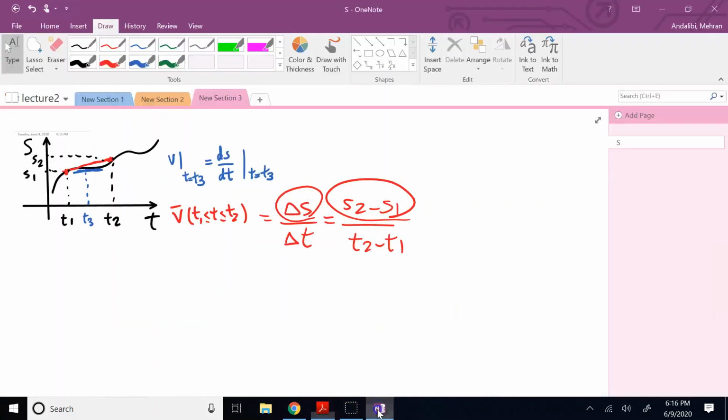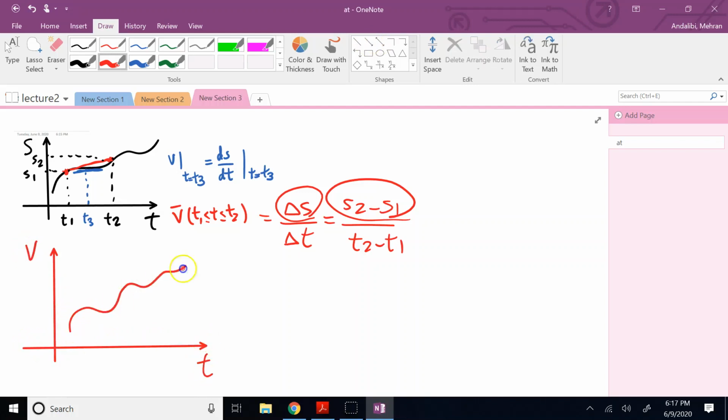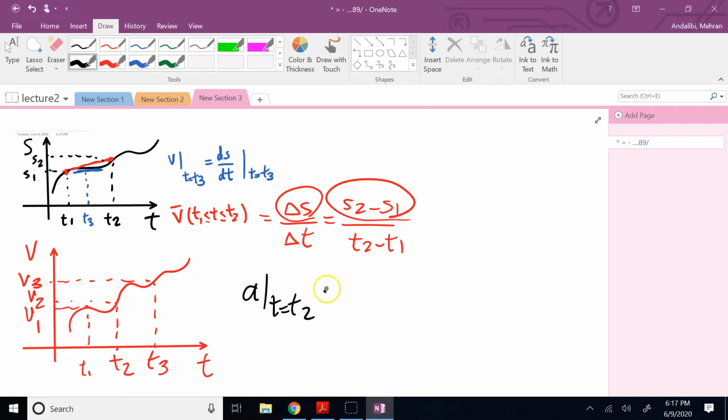So if I have a v-t graph exactly similar to this case, and I have points t1, t2, and t3 maybe, and then v1, v2, and v3, if I say what is the acceleration at time t2, instantaneous acceleration, well, it is dv over dt at that point, which is the slope of the tangent line, which is this guy, right?